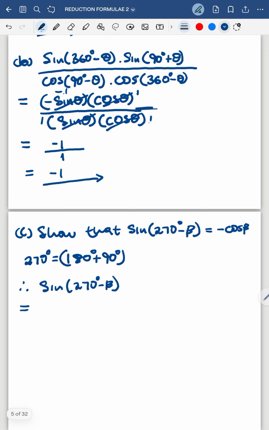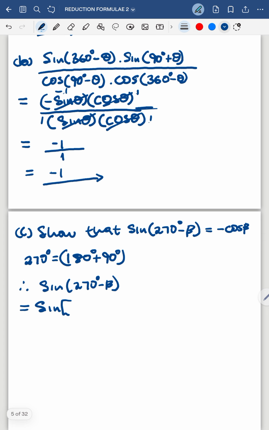So here, what we need to do is form a cofunction to convert sine into cosine. But we need to be very wise. We're going to form a new angle.